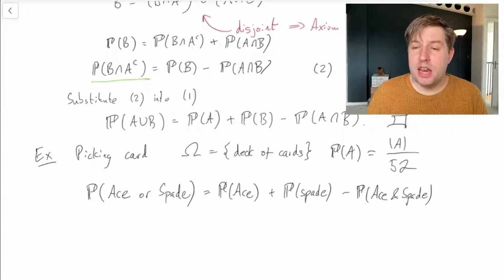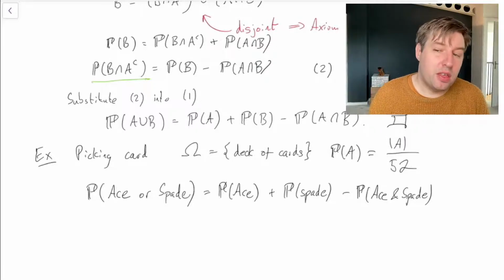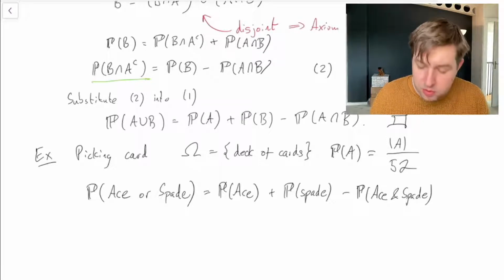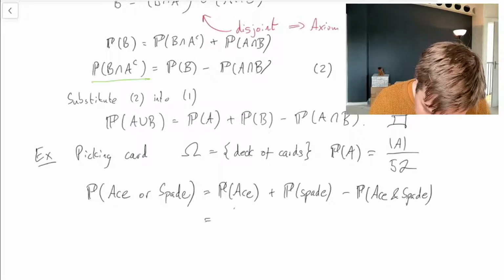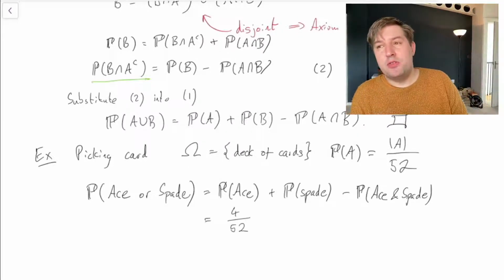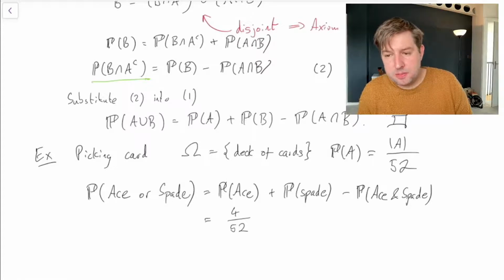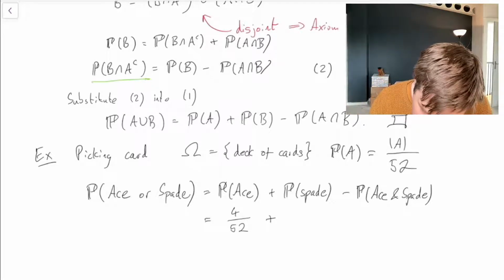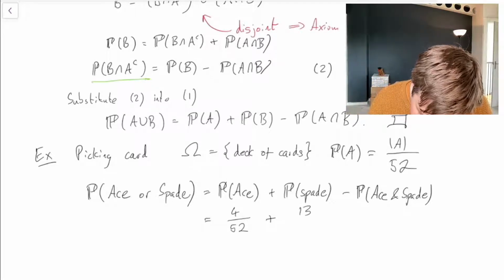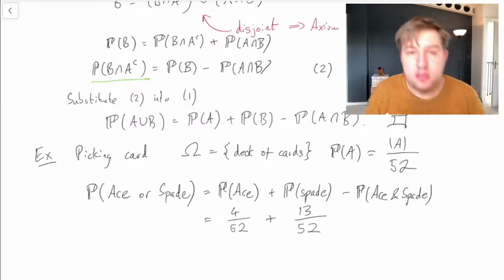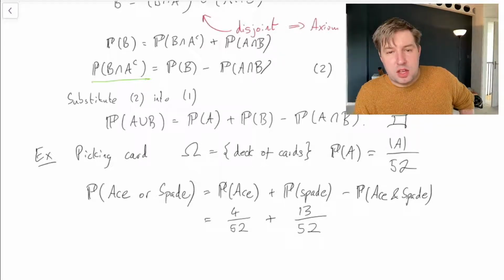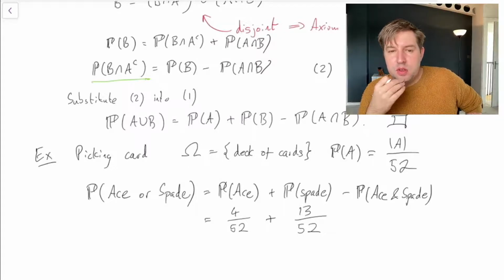So the probability of being an ace, you can either say that there are 4 aces in a pack of cards, so it's 4 over 52. Or you can say that there are 4 identical suits, each with 13 cards, one of which is an ace, so it's 1/13. Either of those is fine with me. Probability of a spade, well, there are 13 spades in a pack of cards. There are 4 suits, each with 13 cards, so that's 13 over 52.